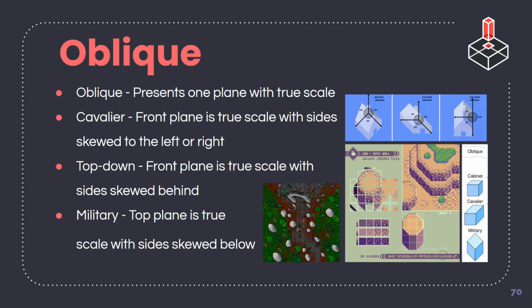Three types of oblique projections include cavalier. Cavalier is going to be this one, where your camera is front facing, which means the front plane, the one with the door, is going to be at true scale. But then we take the back items and skew them left or right. We force them to show projection by forcing their angles to be projected unrealistically.